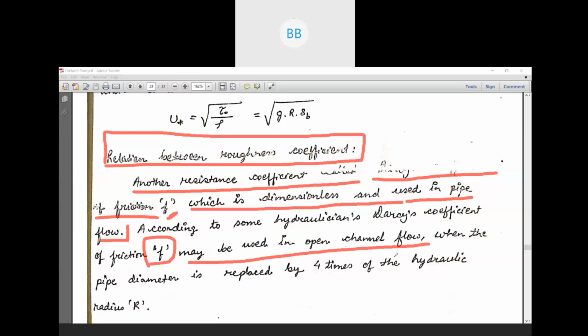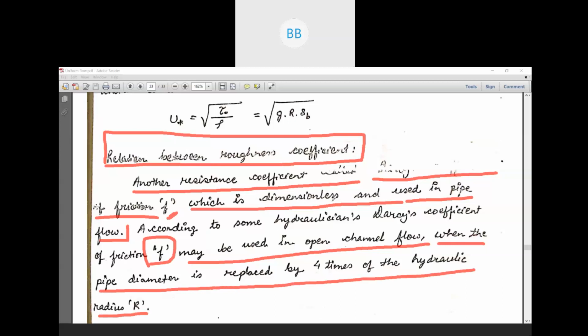Though we use it for pipe flow, some people say we can also use Darcy's coefficient in open channel flow, but in that condition the pipe diameter is replaced by 4 times the hydraulic radius.